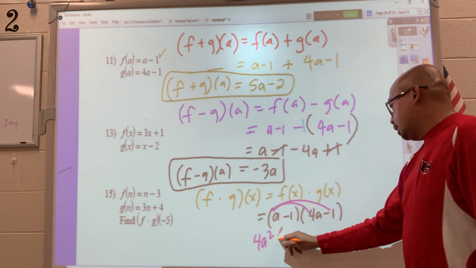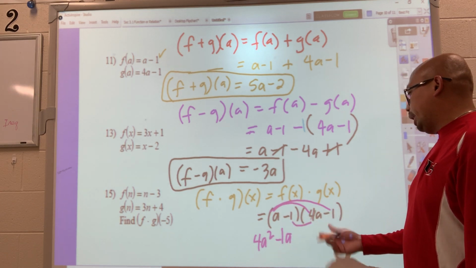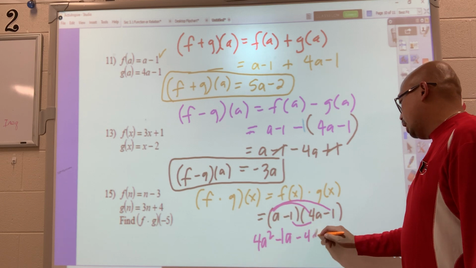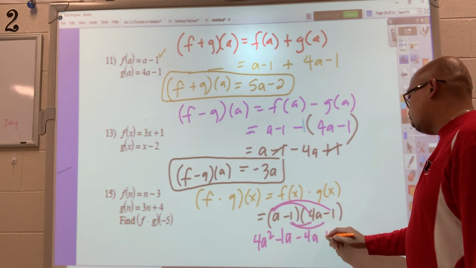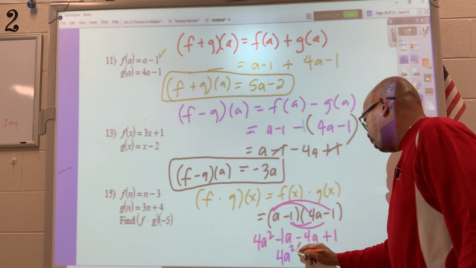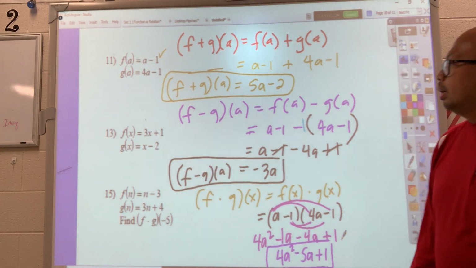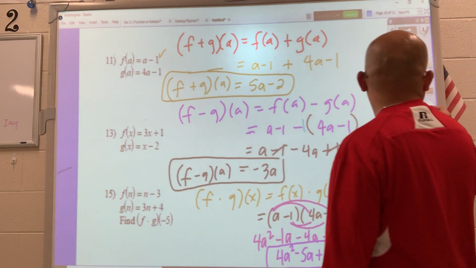A times negative 1 is negative a, or negative 1a. Negative 1 times 4a inner will be negative 4a. And last, negative 1 times negative 1 is positive 1. So therefore, the final answer here is 4a squared minus 5a plus 1. And that's for the multiplication.